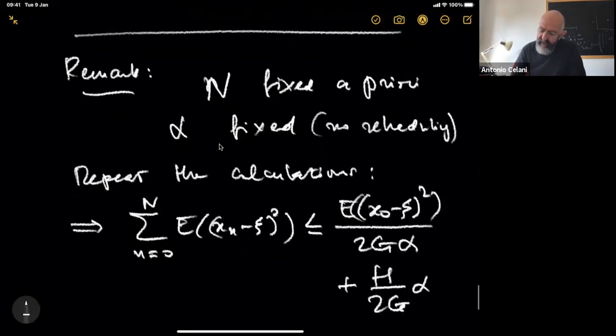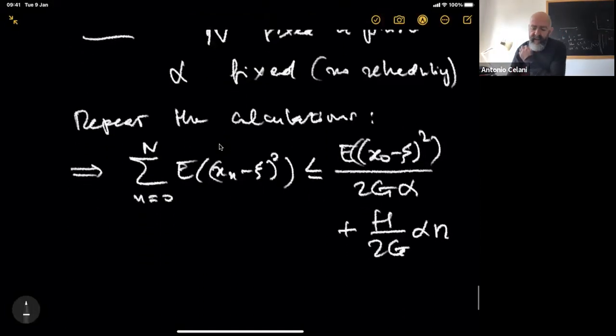There is a half alpha here, there is an n here. Okay. So this is exactly the same kind of calculation as above, only that now since the alphas are constant, they get out of the sums, and then everything is simpler.